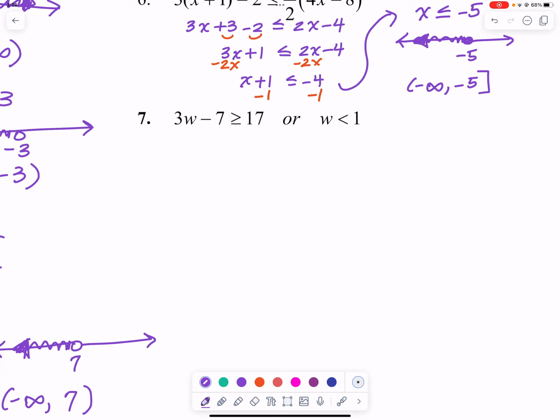Taking a look at number 7, we have an or, so we will include both answers. Let's go ahead and add 7 to both sides, and here we have 3w is greater than or equal to 24, and then we will divide both sides by 3.